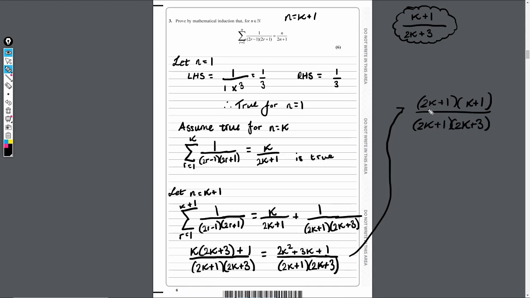Because now I can cancel my 2k plus 1 with that 2k plus 1, and all I get left with is k plus 1 over 2k plus 3. So therefore, this is equal to k plus 1 all over 2k plus 3. Perfect. That's exactly what we needed. So now what we can say is that this general result is true for n equals k plus 1.